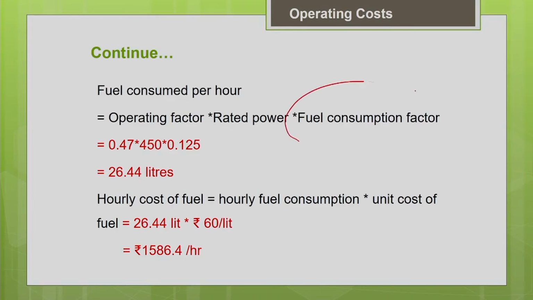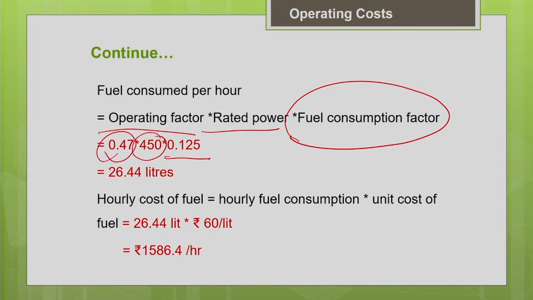This fuel consumption factor, which is determined for the standard conditions, we are going to adjust according to your project operating factor and the rated power of the machine. The fuel consumption factor is 0.25 liters per horsepower per hour, the horsepower of the machine is 450, and your operating factor is 0.47. So your fuel consumed per hour is 26.44 liters.